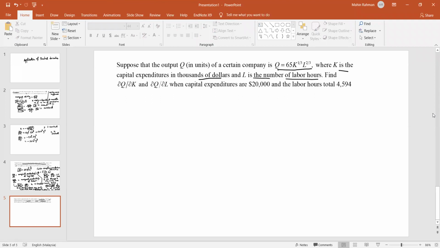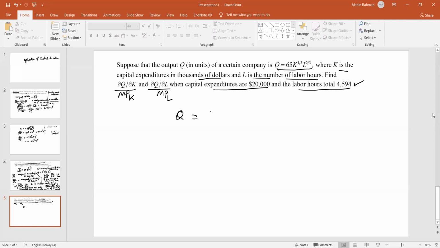Find the delta Q by delta K, that means marginal productivity of capital, and delta Q by delta L, marginal productivity of labor, when capital expenditure is 20,000 and labor hours total 4,594. Okay, so now let us do this one first.